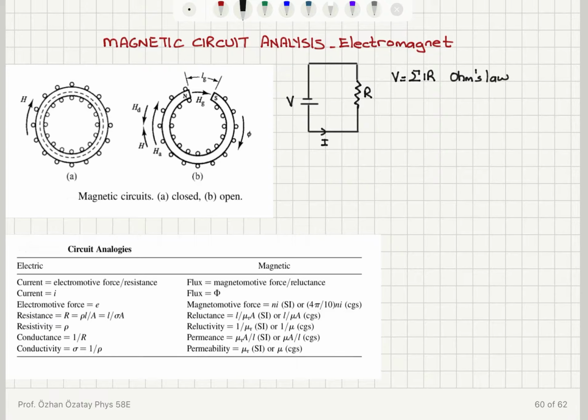And what is the voltage that appears between points A and B? It is minus the integral from B to A of the dot product of the electric field with the dl vector, which is a vector that points in the direction of the current. So E dot dl. The analogy in the magnetic case is that we define a magnetomotive force.